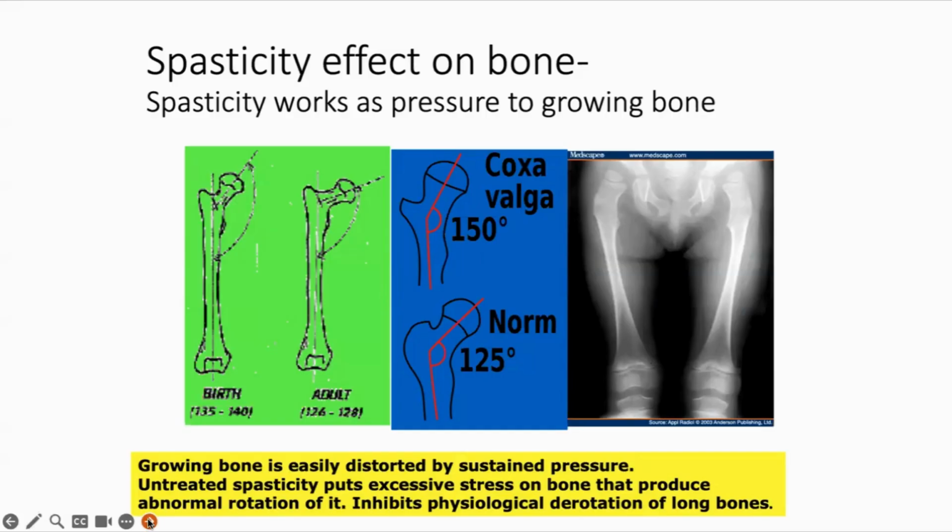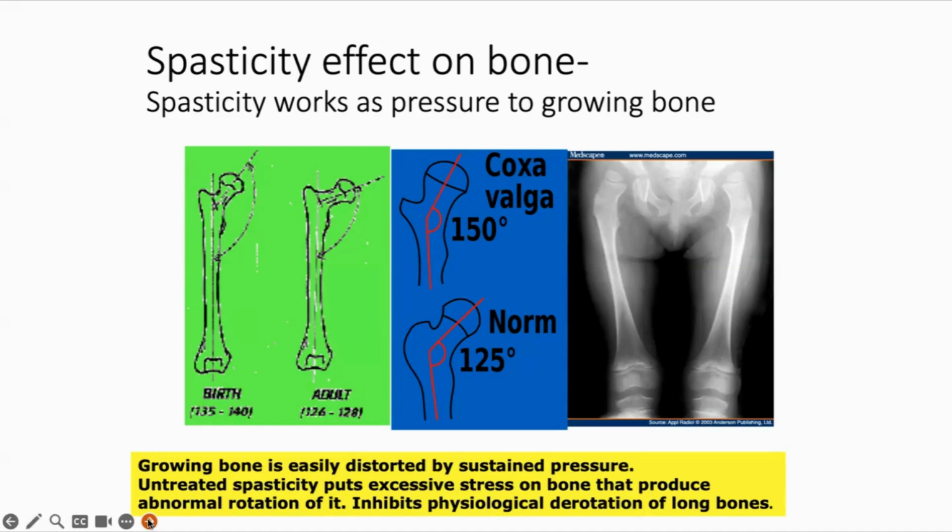The normal angle between the femoral shaft and neck is 125 degrees. The growing bones are susceptible to distortion by sustained pressure. Because of the increased force of the spastic muscles, excessive stress is placed on the bones, which leads to abnormal rotation.